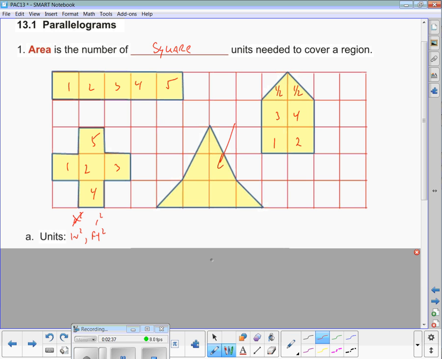Neither can you do the 1 for the foot and put the 2 above it, right? You can't use those. You got to do IN squared or FT squared. Of course, meters squared, kilometers squared, centimeters squared, yards squared, and whatever else you can think of. Furlongs squared, whatever unit of measure can be squared, any unit of length.